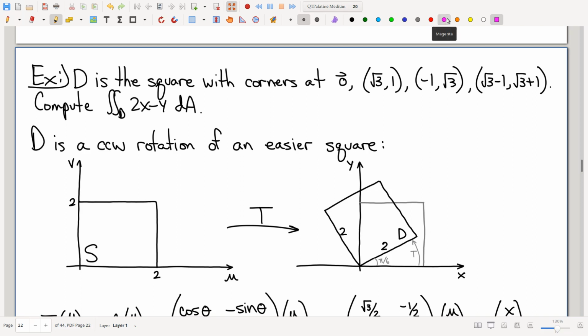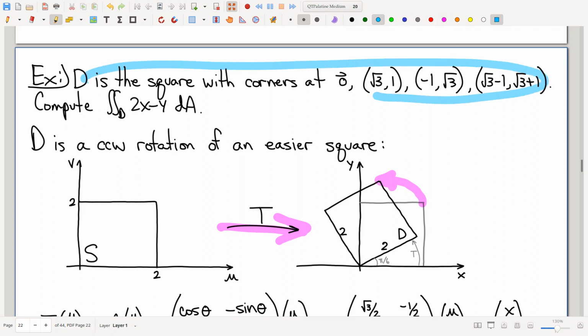The observation to make is that this is a rotation of something else. Just for color convenience, the square that we have is a rotation of what I'm going to call the square over here, like this, which, just for geometric convenience, let me draw a little outline of it, like that.